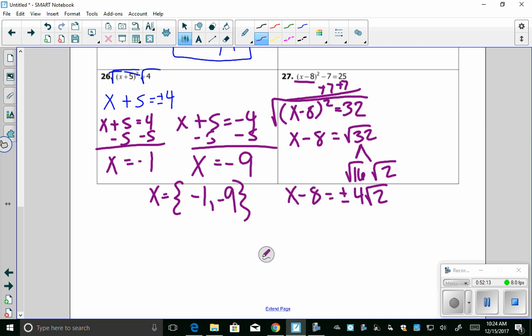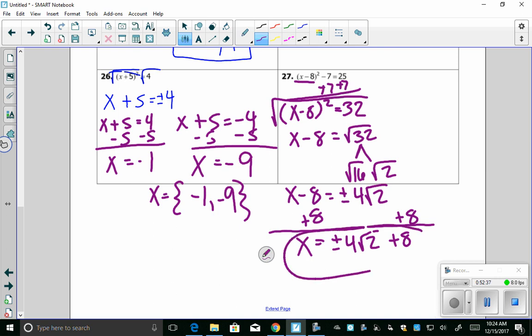I still have to get 8 by itself. Add 8 to both sides, and you get x equals plus or minus 4 square root of 2 plus 8. I am okay with you writing the answer out like that. That is okay. So this would be your final answer for 27.